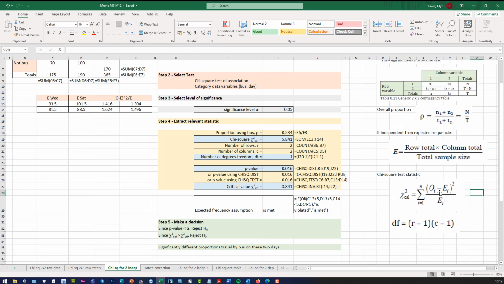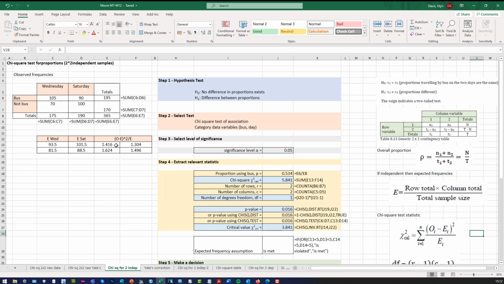We compare the observed and the expected frequencies, so we have to calculate this ratio for each cell. For this cell, the observed is 105, the expected is 93.5, square the difference, then divide through by 93.5 to give us 1.416, and repeat that for each of the other cells as well to give you those numbers.